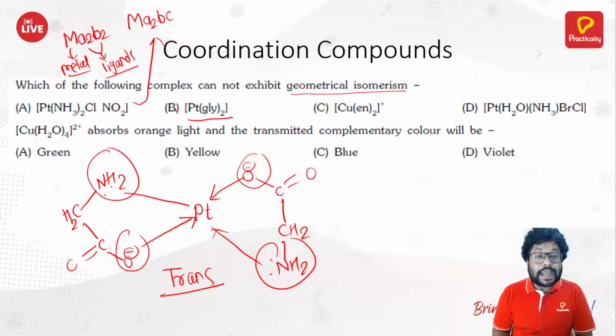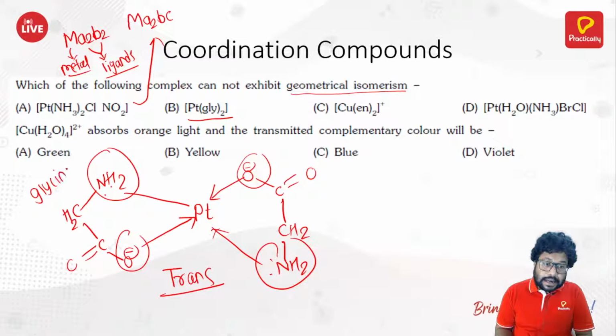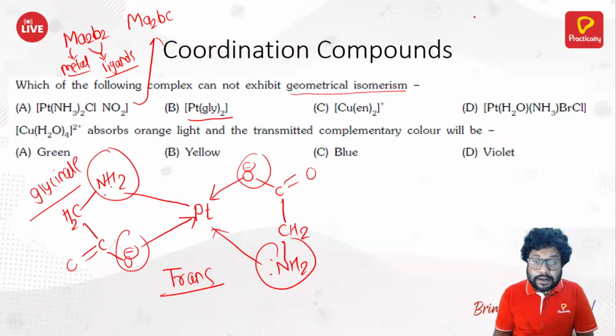That means this can show geometrical isomerism. As we all know, cis and trans are nothing but geometrical isomerism. Now, why was this happening? Because glycinate is a kind of ligand. It's a bidentate ligand, right? How can we represent a bidentate ligand?